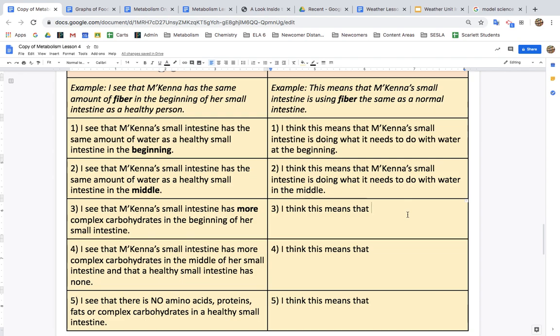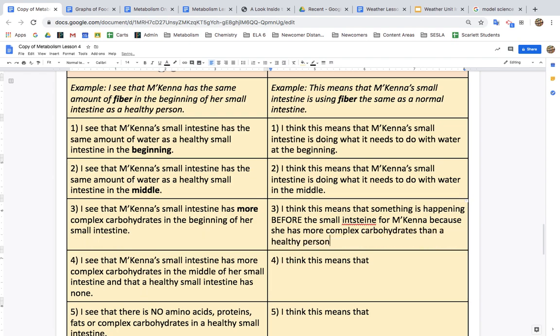So I might say, I think this means that something is happening before the small intestine for McKenna, because she has more complex carbohydrates than a healthy person.